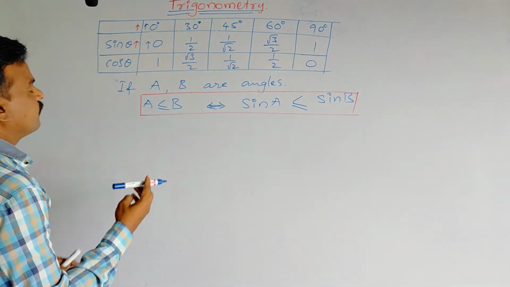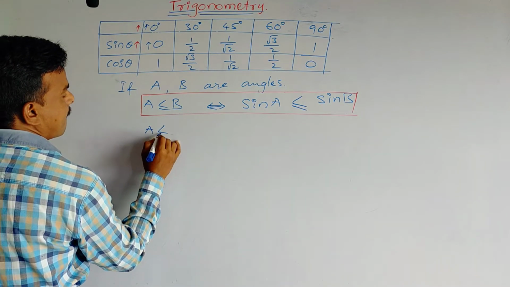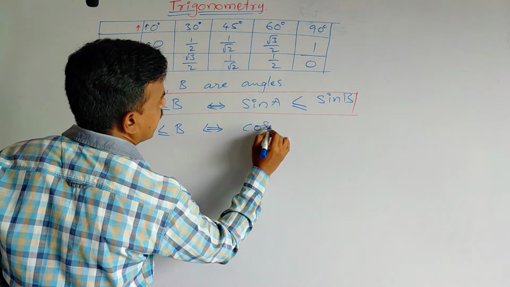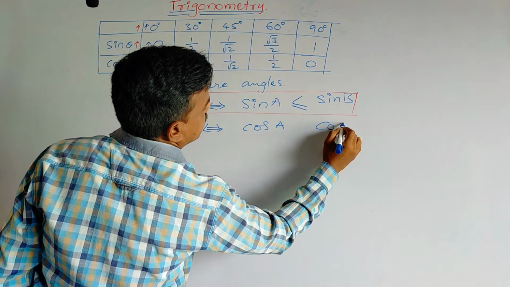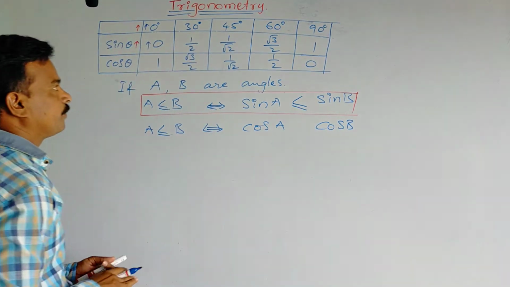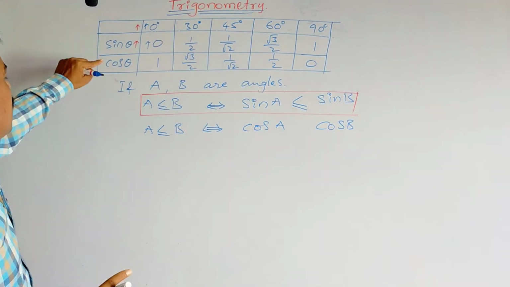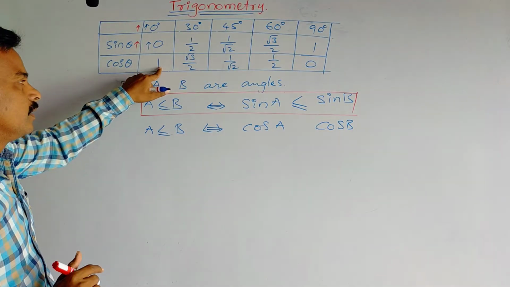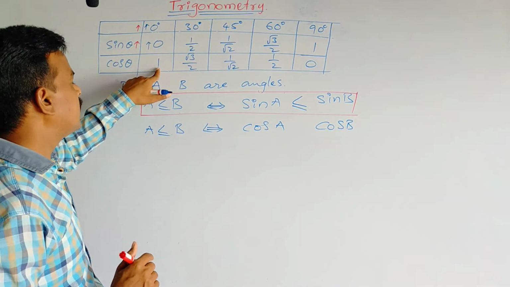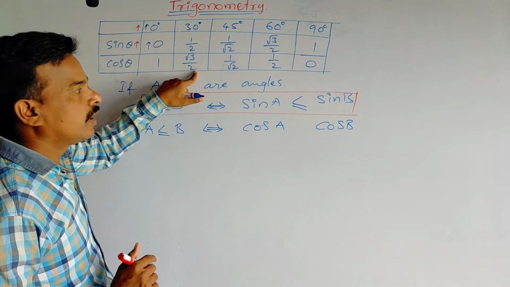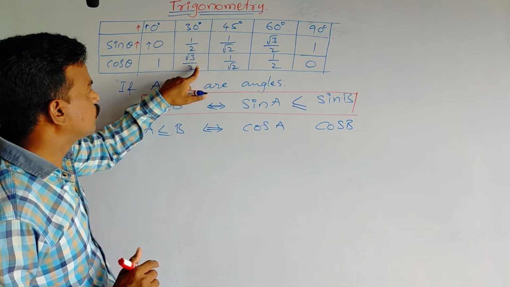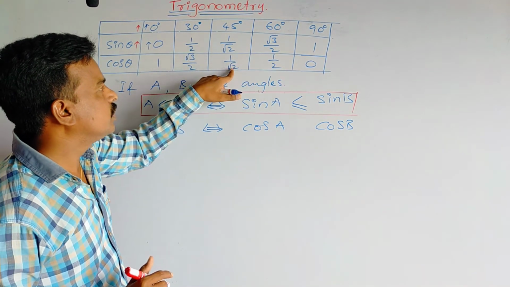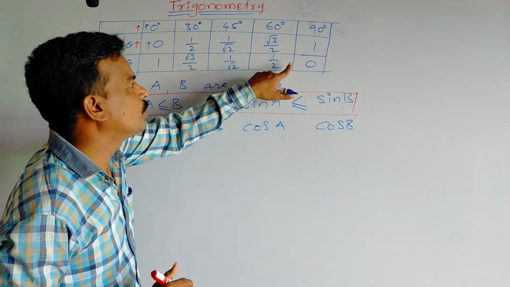Now we check for the cos. What will happen? Cos A and cos B we take like this. Now you see in the table, cos theta is 1, root 3 by 2. 1 is more than root 3 by 2, and root 3 by 2 is more than 1 by root 2. 1 by root 2 is more than 1 by 2. 1 by 2 is more than 0.